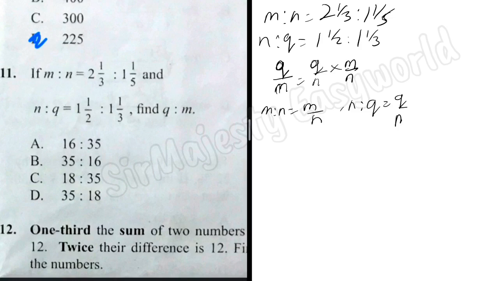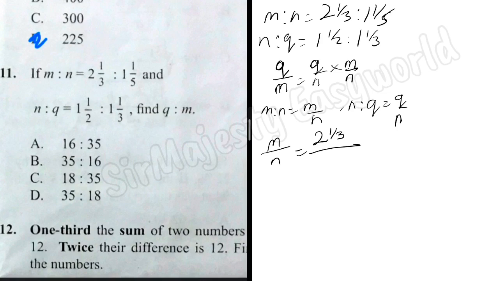So if we establish this relationship, let's convert this first ratio to fraction. We already have our first ratio as m to n, so m over n is equal to 2 1 over 3.